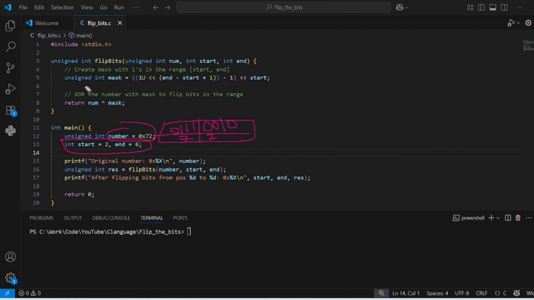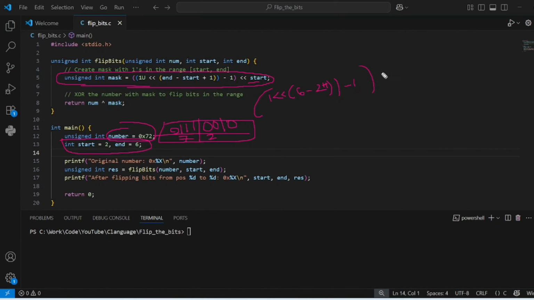Let's decipher what this mask is doing and how it flips the bits of the given number. We are trying to create a mask with ones in the range of start to end. We left shift 1 by end minus start, that is 6 minus 2, plus 1, and then subtract 1.